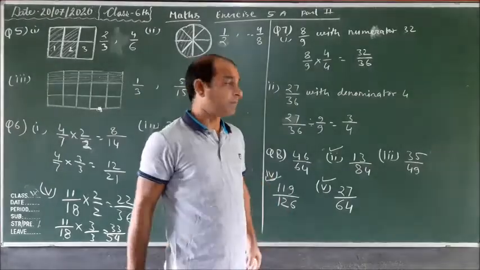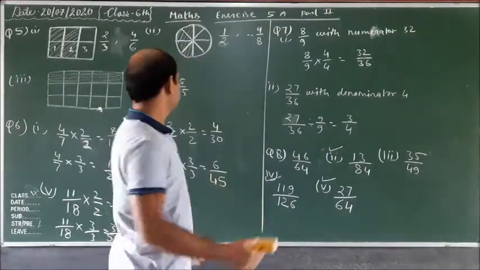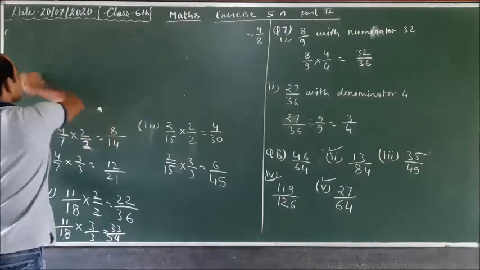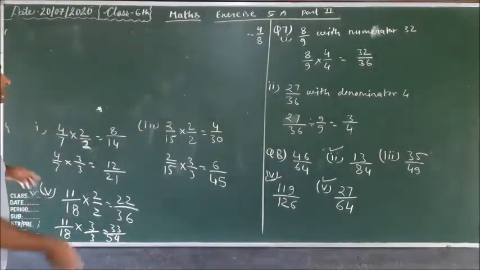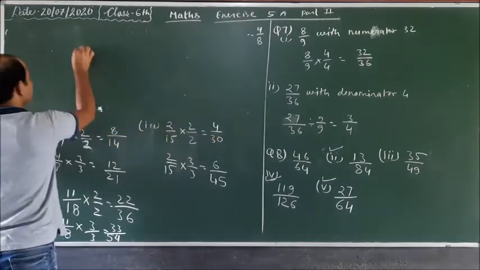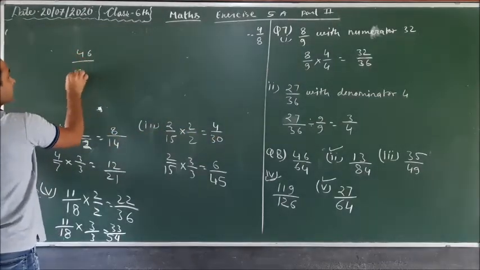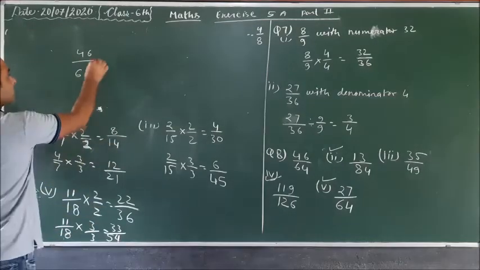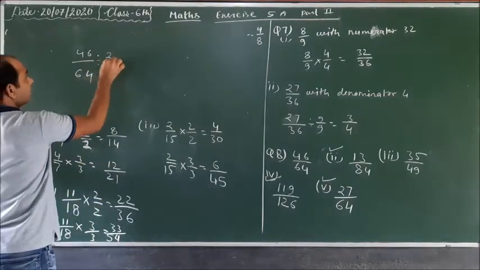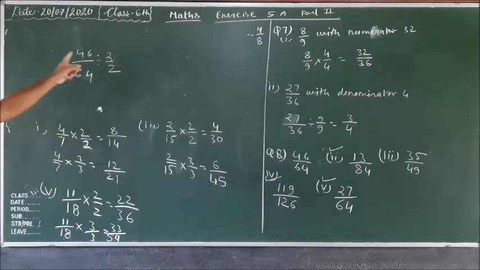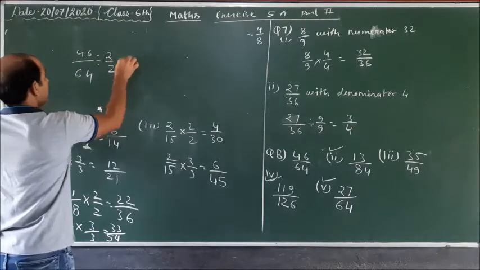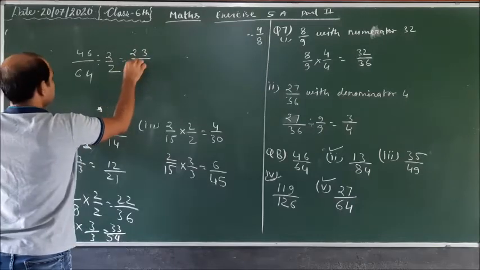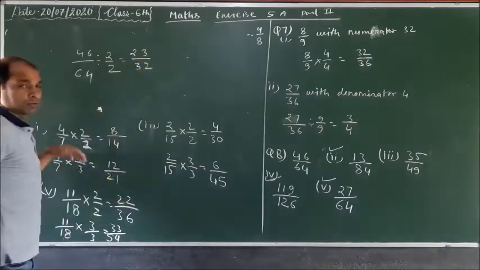How do we find the simplest form? First we look here. In the simplest form, dear children, suppose the first question is 46 upon 64. If we divide by 2, then 2 twos are 4, 2 threes are 6, and 32.